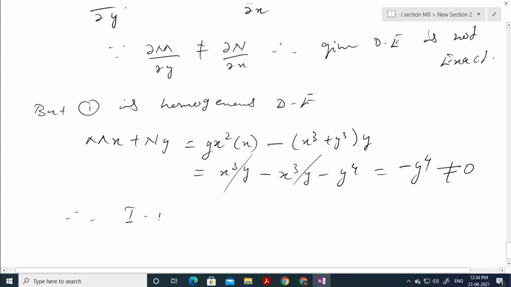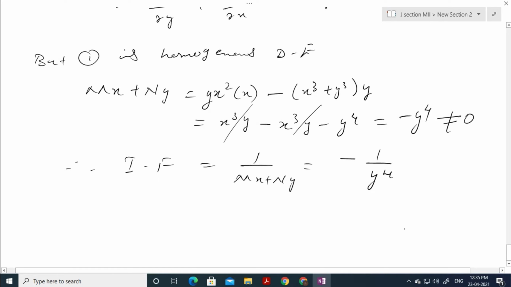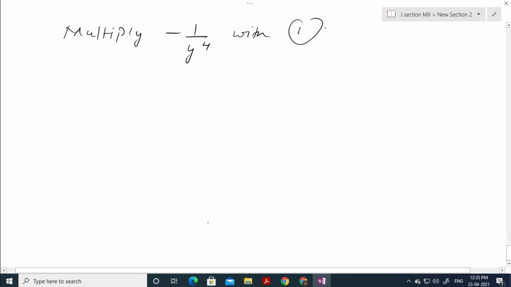Therefore, the integrating factor will be equal to 1 by (Mx plus Ny), which is nothing but minus 1 by y to the power 4. Now you have to multiply this minus 1 by y to the power 4 with equation 1.